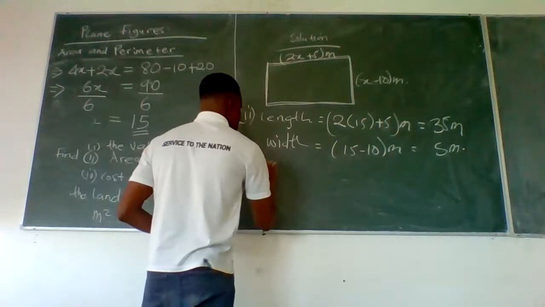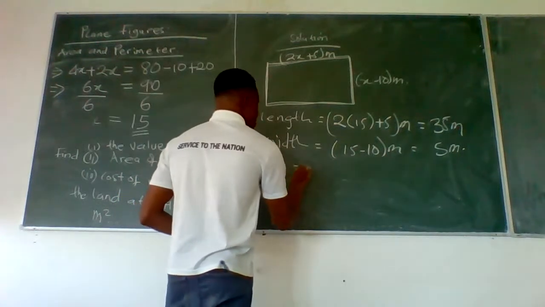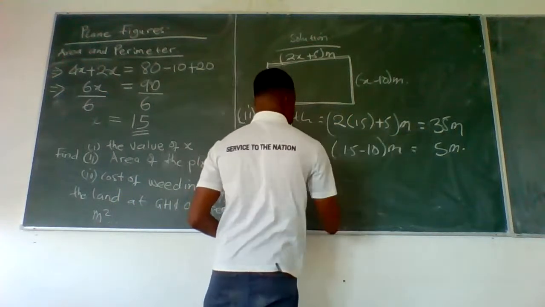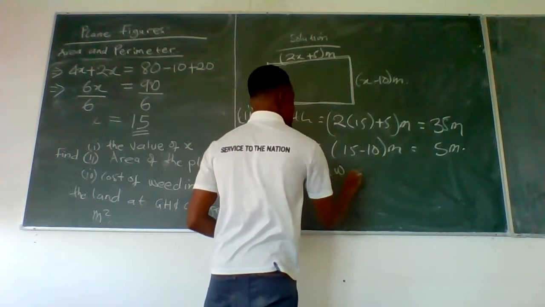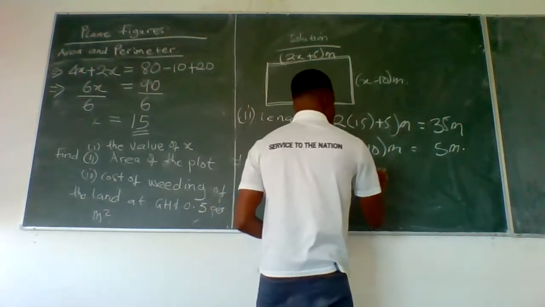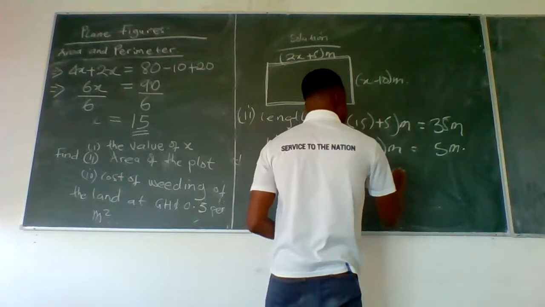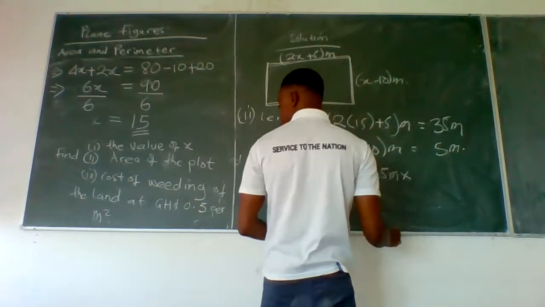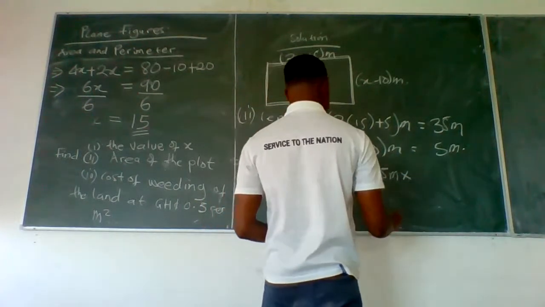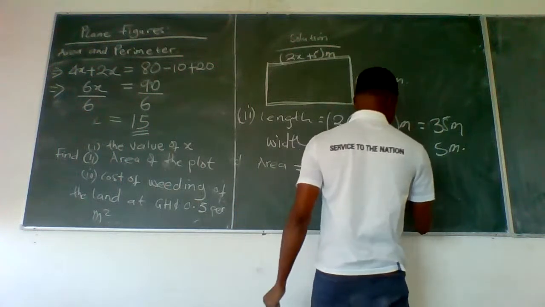So area will be equal to length times width, which is the same as our 35 meters times 5 meters.